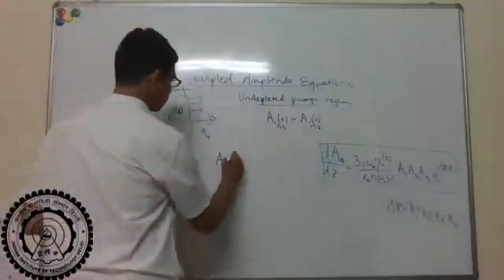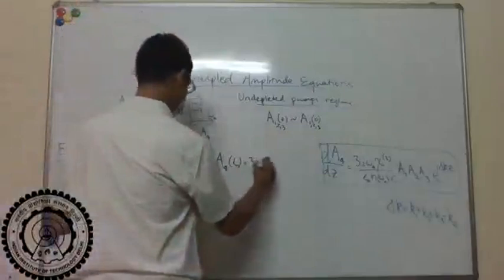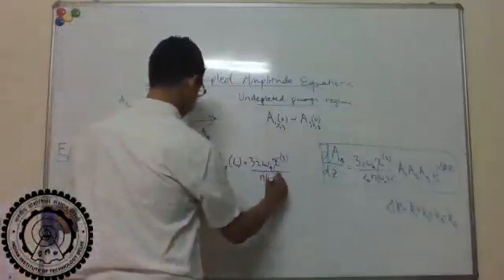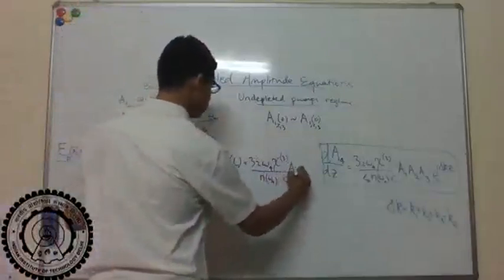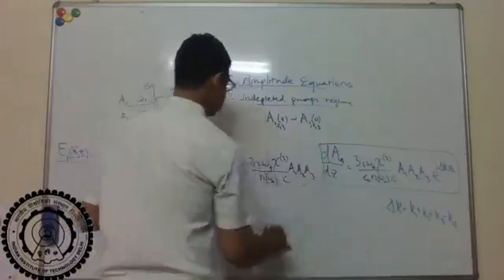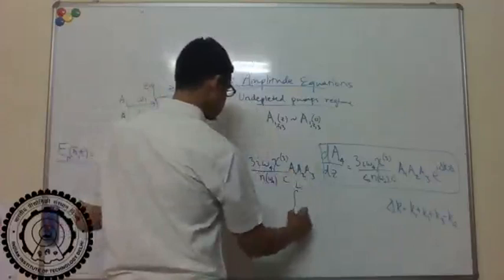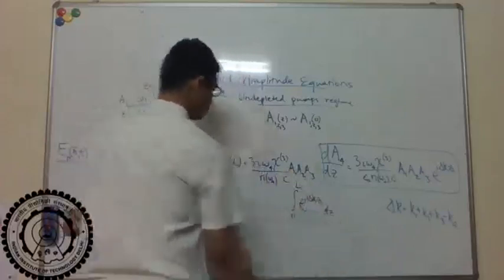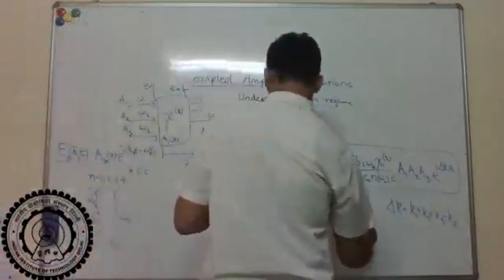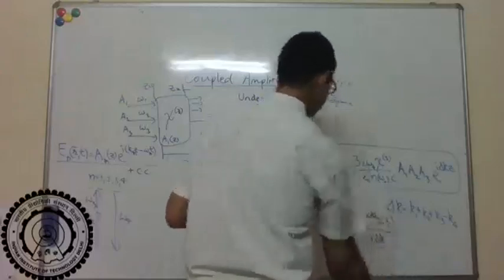So I can straightforwardly write my output amplitude A4 at frequency omega 4 as the product of the input fields, and then I just integrate this exponential factor from 0 to L. Right, so this integral gives me e to the i delta k L minus 1 by i delta k.